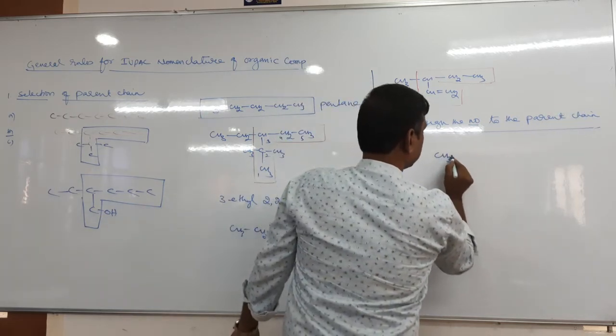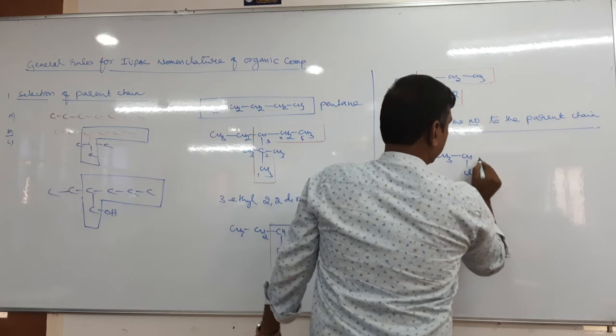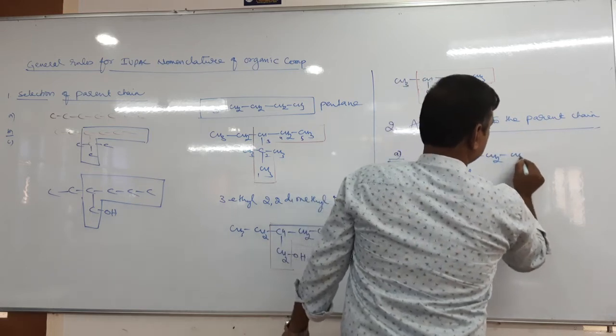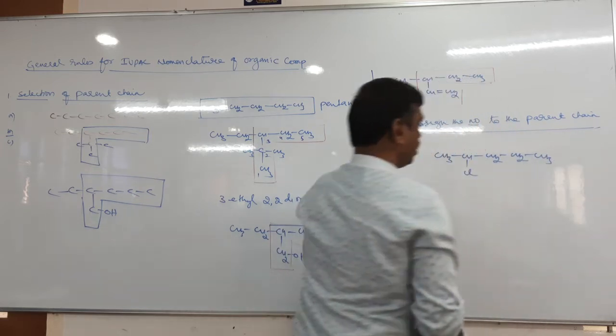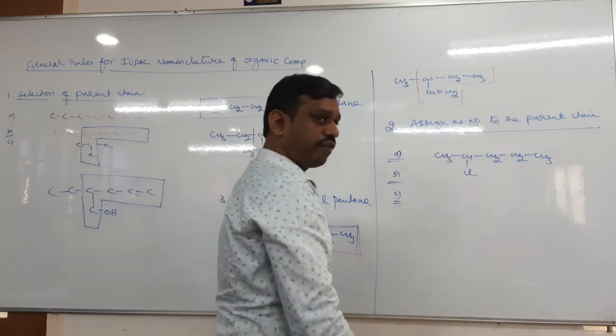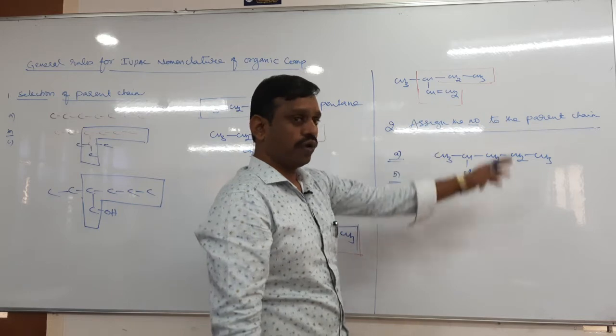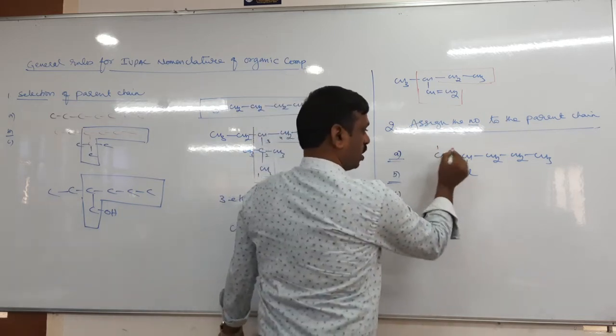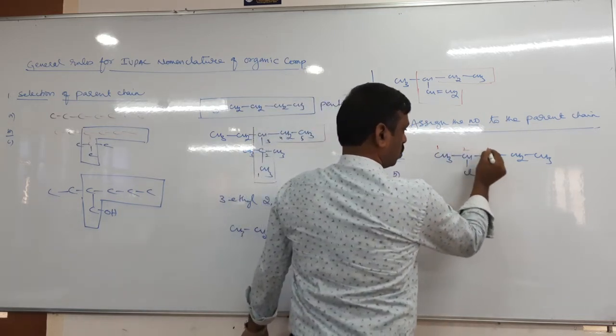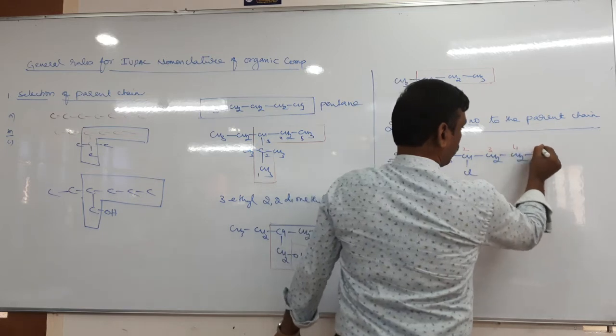Example, CH3, CHCl, CH2, CH2, CH3. Tell me, numbering should be given from right to left or left to right? Left to right, because chloro is a substituent. It is 1, 2, 3, 4, 5.